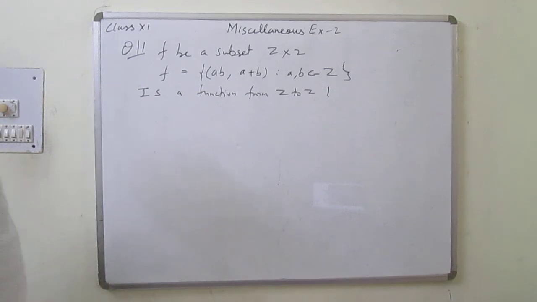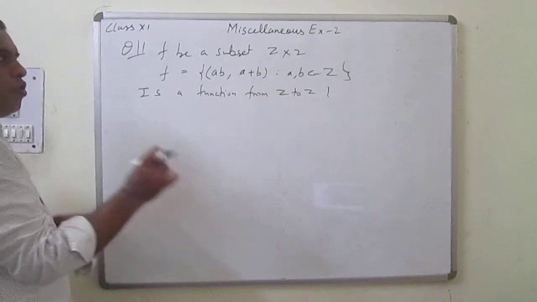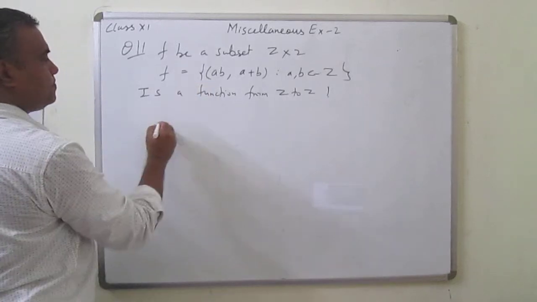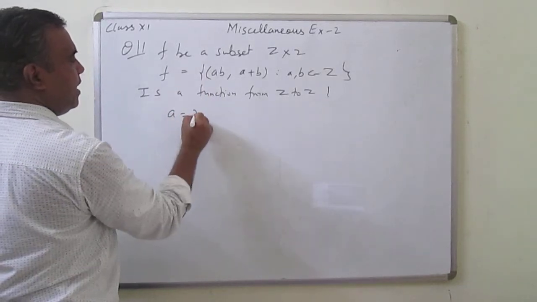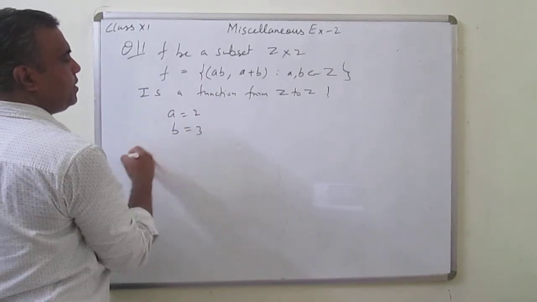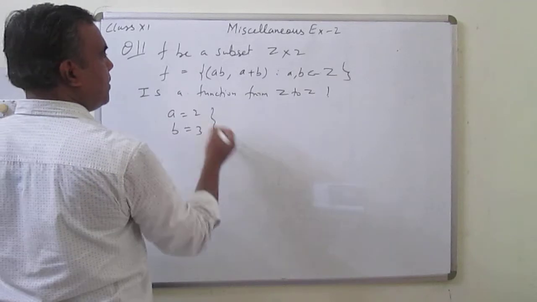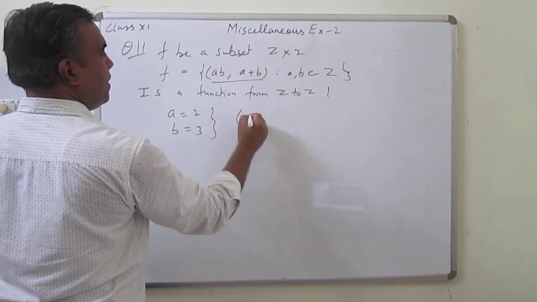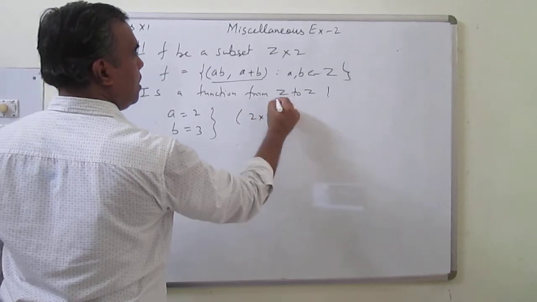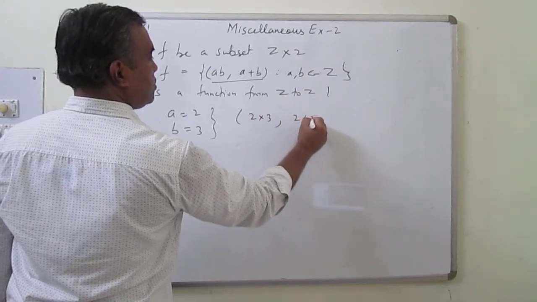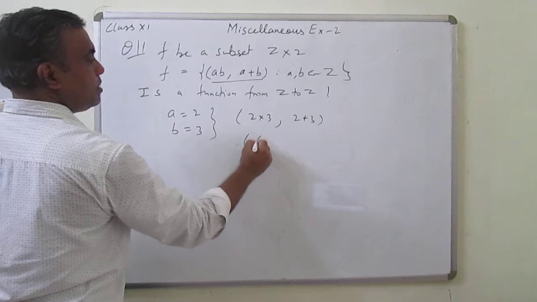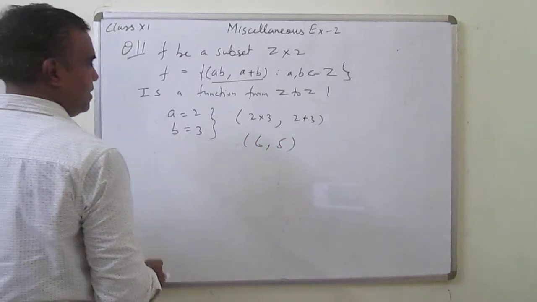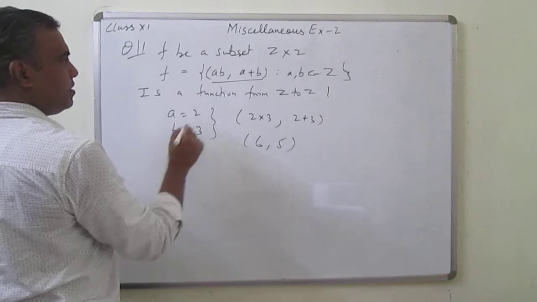Let us check. In a function, no two ordered pairs have the same first element. If I take a equals 2 and b equals 3, what is the ordered pair? It is (2 times 3, 2 plus 3), which is (6,5).